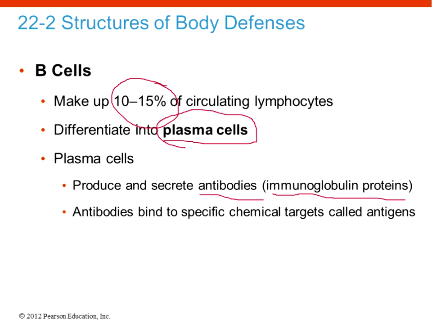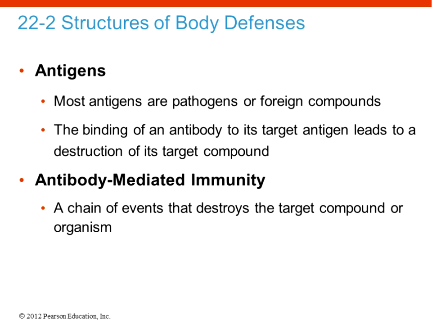Antibodies are immunoglobulin proteins that basically bind to a target and eradicate things in that way. So you have different antibodies. We'll talk about these later, different types of antibodies. But it's an alternate defense route for the body with these B cells.